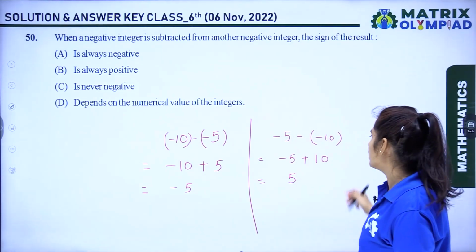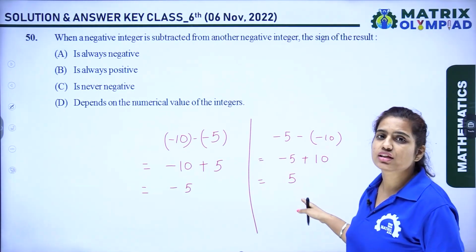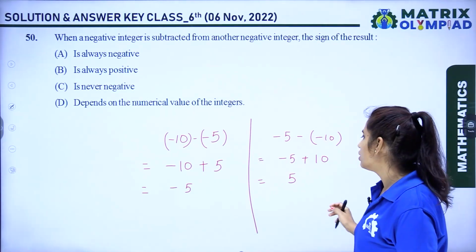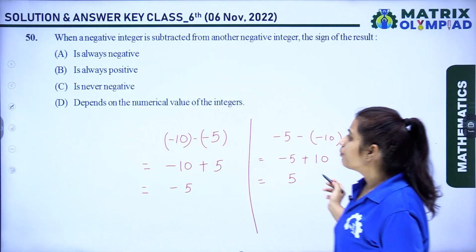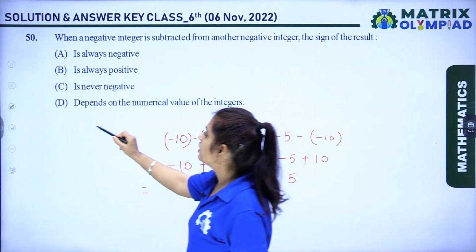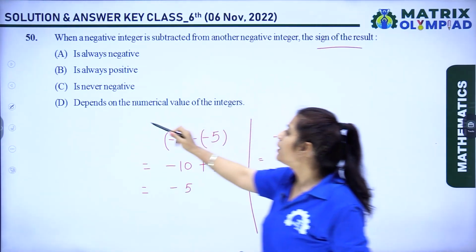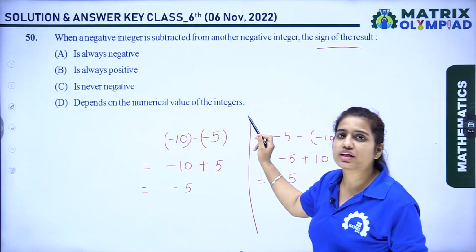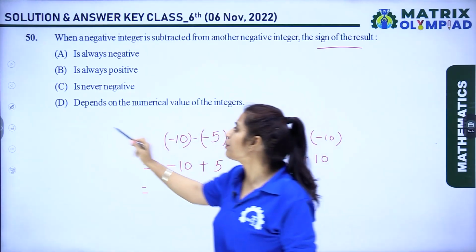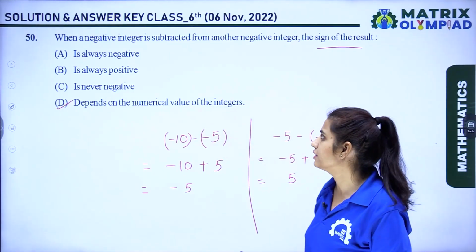If the number is greater with a positive sign, then the answer is also positive. So out of these four options, we can say that the sign of the result depends on the numerical value of the integer. It's totally dependent on the numerical value. So option D is the correct answer.